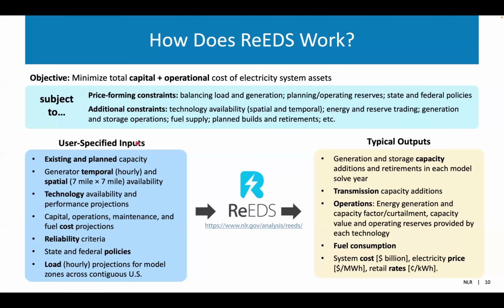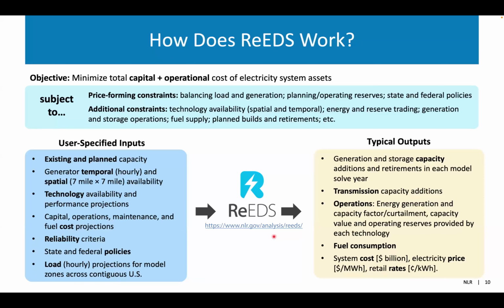I'll cover them more in detail in section 2, but at a high level, these inputs include things like existing and planned generation and transmission capacity, giving the model a baseline representation of the US grid to start with, spatiotemporal generation profiles and supply curves for energy sources like wind, solar, and hydropower, technology availability and performance projections, additional cost projections for capital, O&M, and fuel costs, reliability criteria, federal and state policies, and of course, hourly load projections for a variety of different model zones across the contiguous United States.